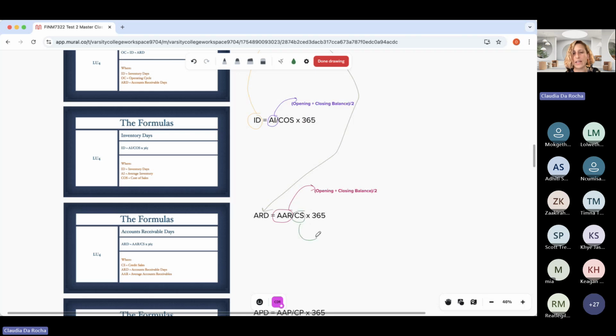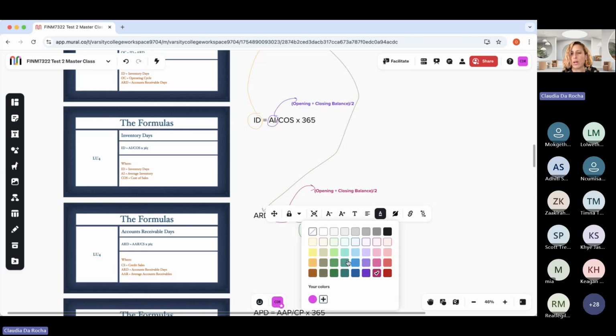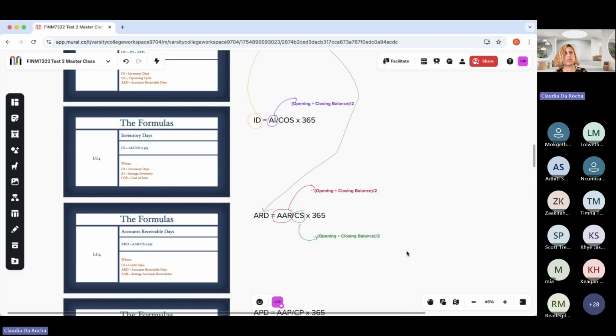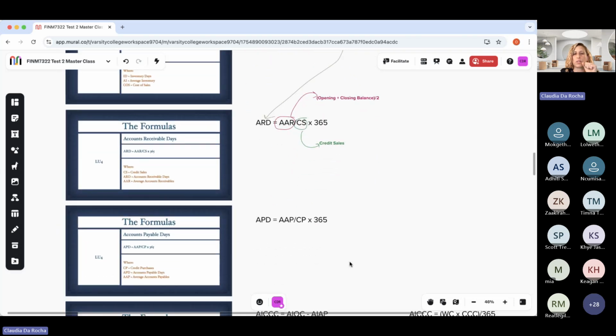Okay, and again, they may give you information to calculate your credit sales. So you need to understand whatever it is that they tell you, it's 50% of sales or it's 50% of cost of sales, whatever it is that you can calculate it. Okay, so please make sure that you read the questions, very important.